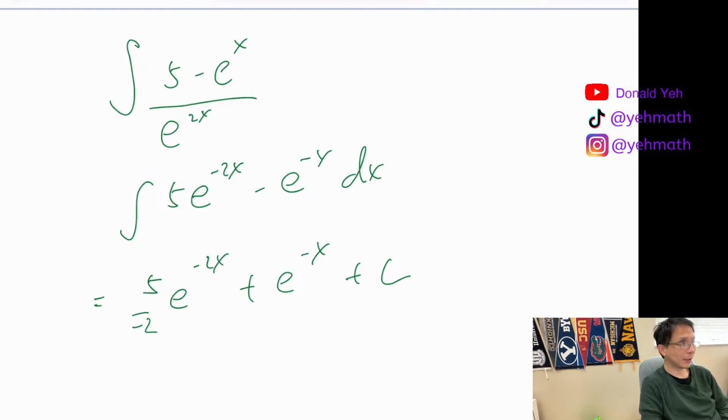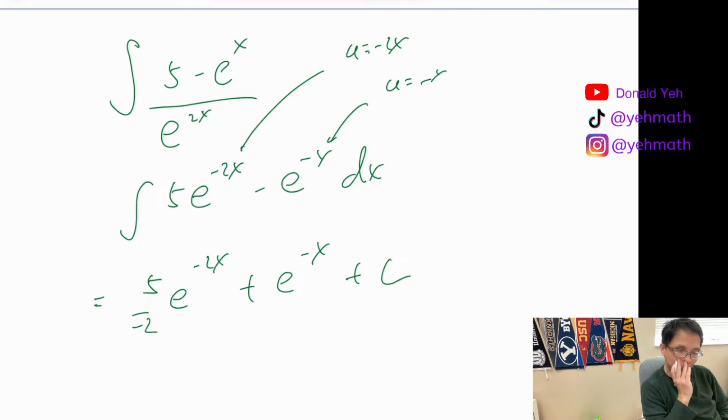I can do that in my head, but usually you want u equal to -2x, and here u equals -x. And please, when you're teaching somebody, don't just say, oh yeah, -2. Write down dx. Same thing as Eli. You don't recommend splitting it up? That's what I did. Oh, okay. Understood.